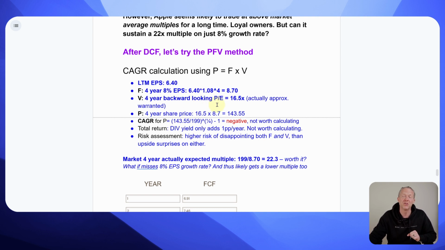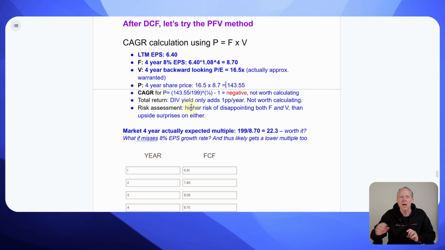Well, there is no reason to believe that they will suddenly double their dividends, but in any case, this is even more negative. So they have a 25% loss in share price over 4 years, and on top of that, just 0.5 percentage point in additional dividend yield. So this is a pretty negative total return type of stock using an estimate of 8% EPS growth and a market level multiple.